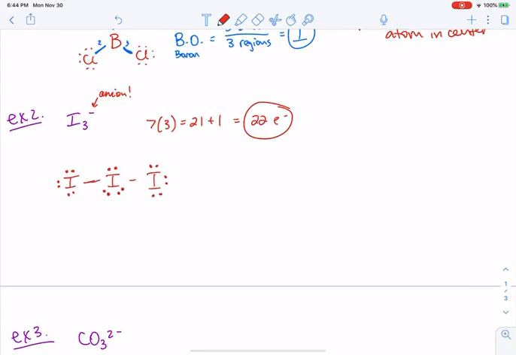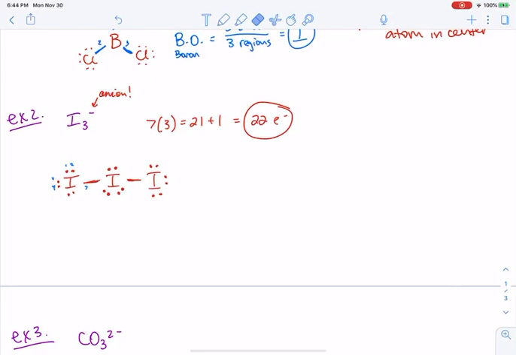Now, where does this negative charge come from? If we check the formal charges, let's check the formal charge of this guy over here. We have 1, 2, 3, 4, 5, 6, 7. Iodine's in group 7, so 7 minus 7 is 0, which means that this guy over here also has a formal charge of 0, right?